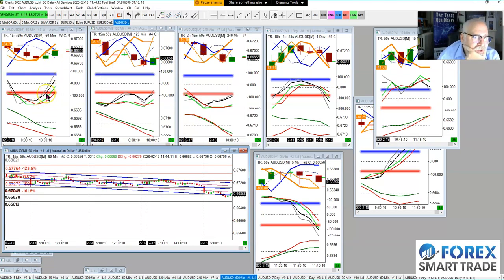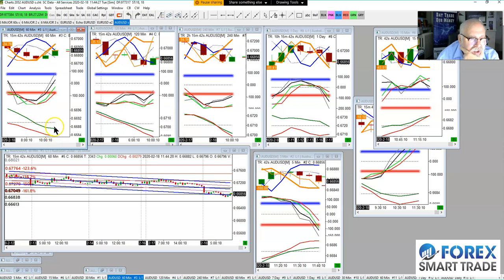So here was the initial signal that we saw on the 60-minute chart. Everybody's going up and entering into the channel. The two oranges are going up. The two blues are going down. I got green on top, and it's starting to turn up. If I look to the 120, I got the double cross, and they're below the channel, below the oversold line, and they've turned up. I've got an up, a down.